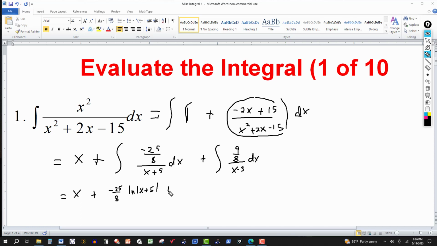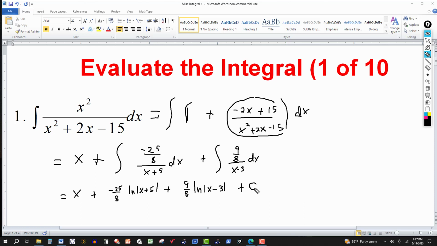And pretty much the same thing with the next one. Got x minus 3. You can let u equal x minus 3, find your du, and dx would just be the same thing, but this is pretty straightforward. This will be ln of absolute x minus 3. And then you have the coefficient, 9 over 8. And then you have the constant of integration.